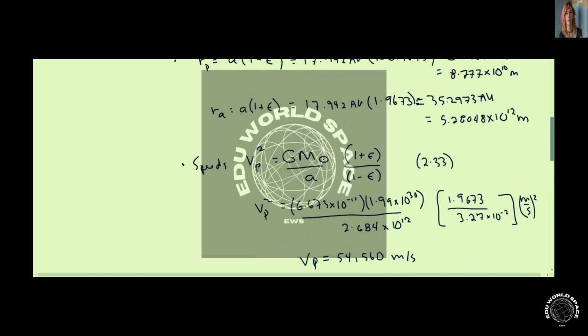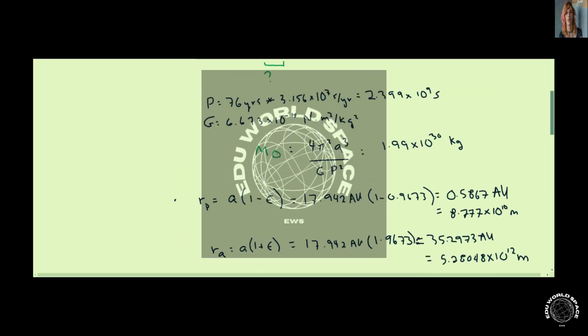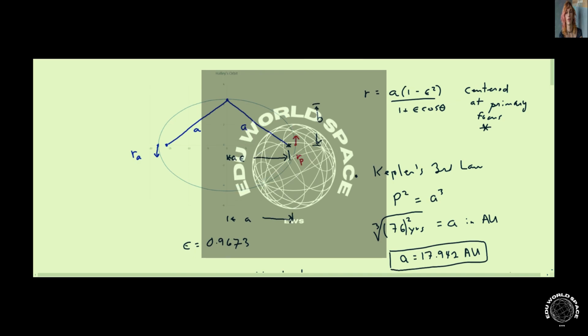Now there's one last speed that they are interested in finding, and I'll call that VB. And that is the velocity, or the speed, I should say, when the comet crosses the semiminor axis. So I'll choose the point up at the top.